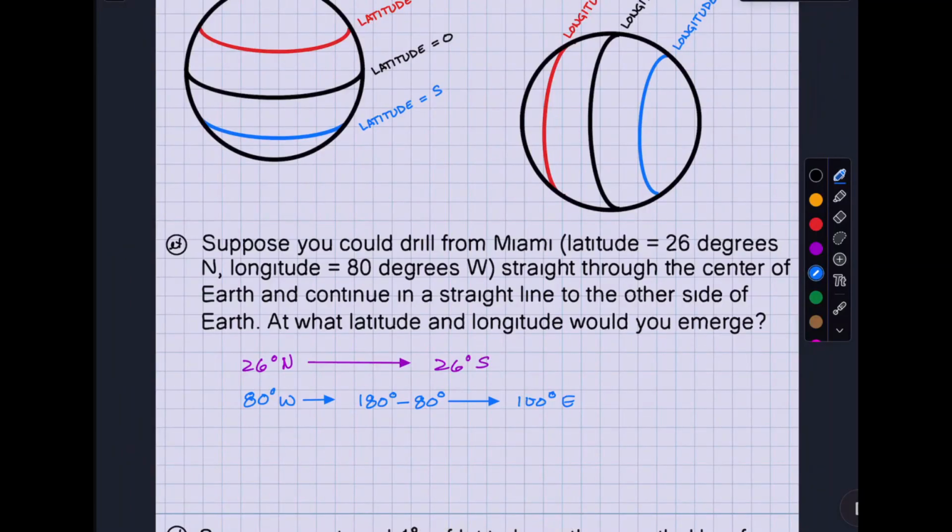So north and south is going to be the same, but instead of north, it'll be south. East and west, 180 degrees difference the other direction.